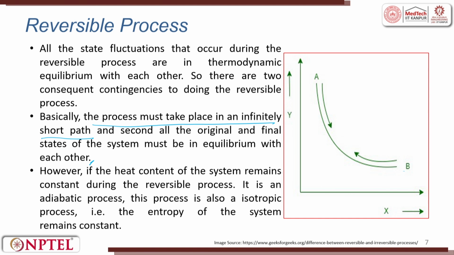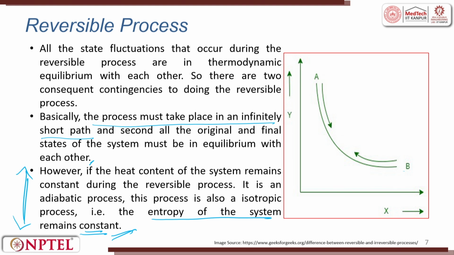However, if the heat content of the system remains constant during a reversible process, it can be an adiabatic process. This process is also called an isentropic process, that is, the entropy of the system remains constant. So, you should understand this point. In a reversible system, the entropy of the system remains constant. Okay.